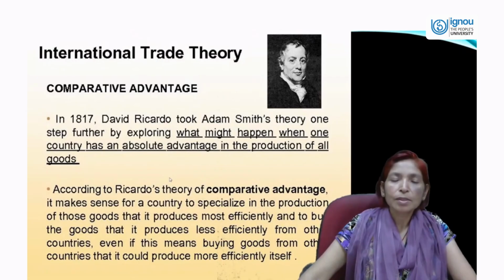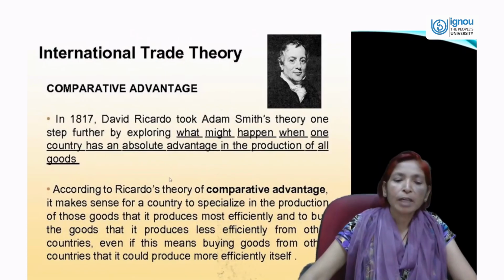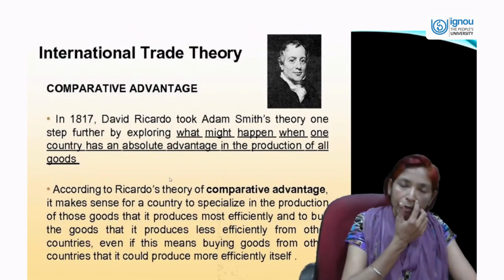According to Ricardo's theory of comparative cost advantage, it makes sense for a country to specialize in the production of those goods that it produces more efficiently and to buy the goods that it produces less efficiently from other countries, even if this means buying goods from other countries that it could produce more efficiently itself.